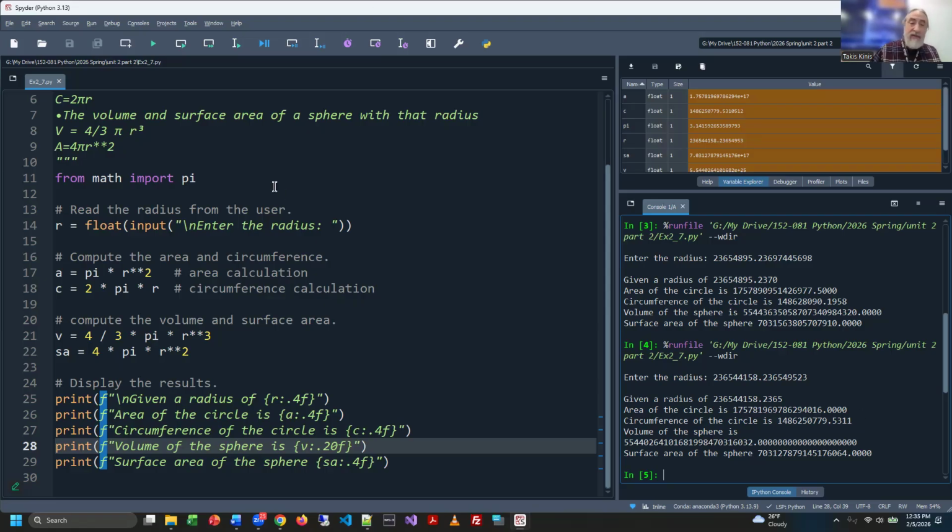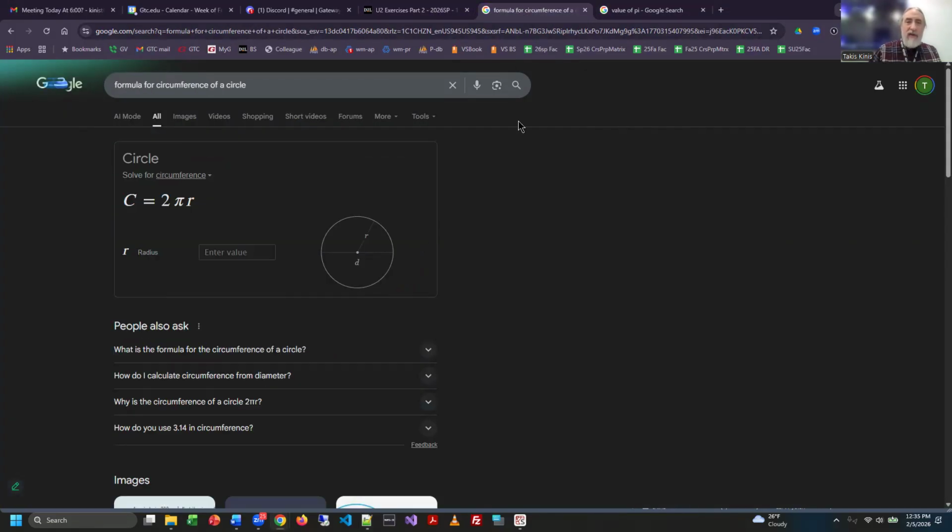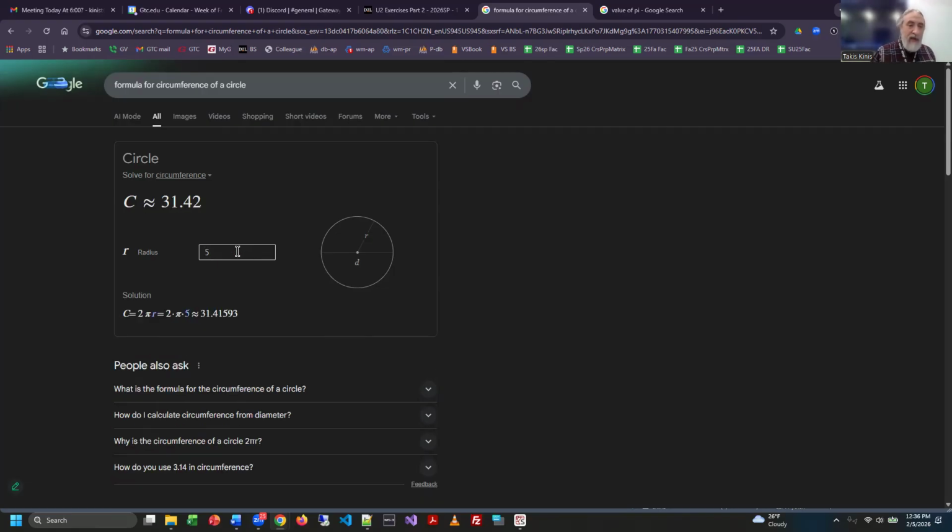Another thing you can do, and I'm just throwing this out there, when you're working with those formulas here in Google, you can actually drop values in and it'll show you what the answer is. Why is this super cool for programmers? Because it's a double check.